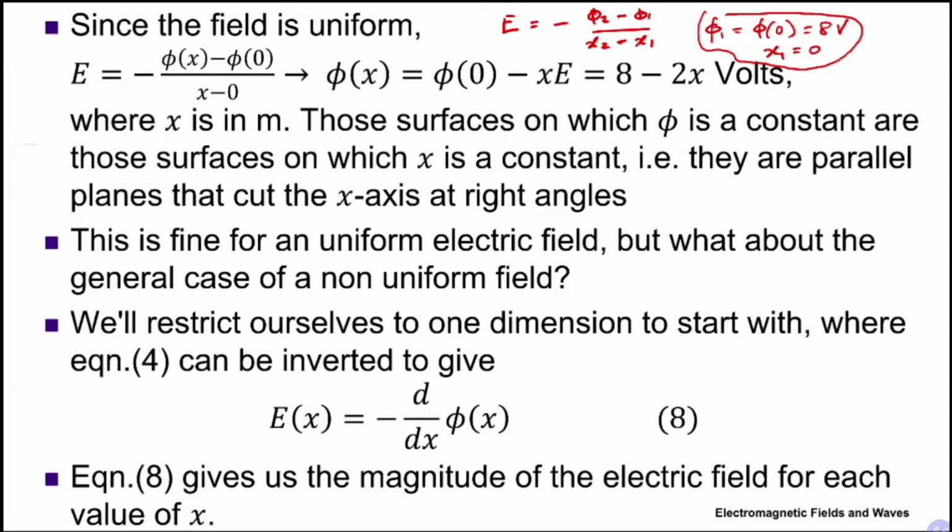If it's non-uniform, then the electric field changes with the distance x, and we end up with this equation here. Instead of just a constant gradient, the electric field becomes minus d phi over dx.